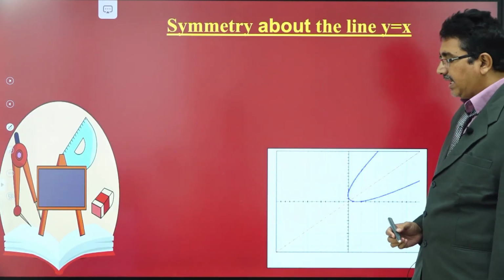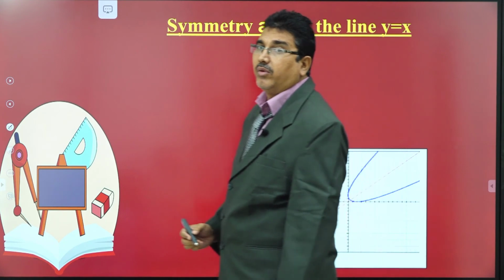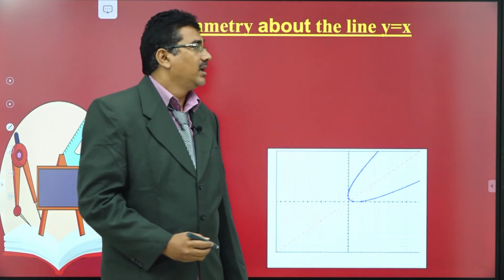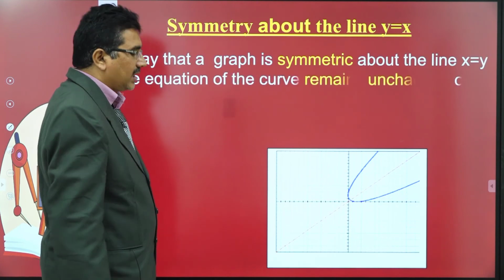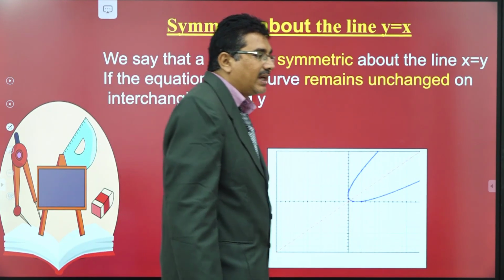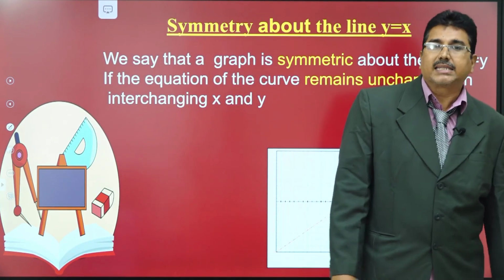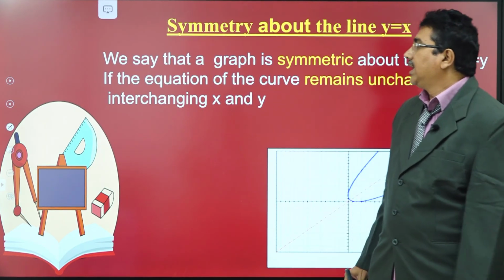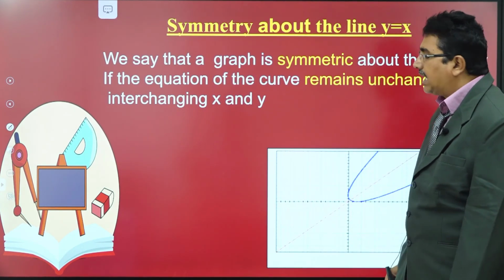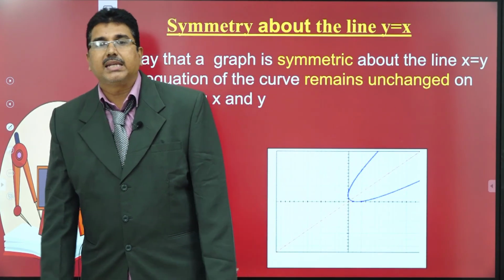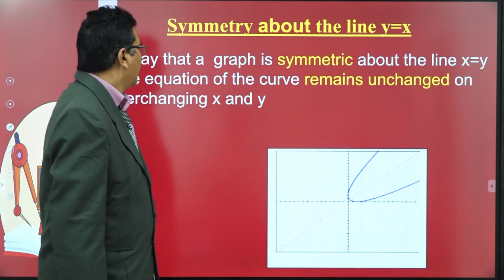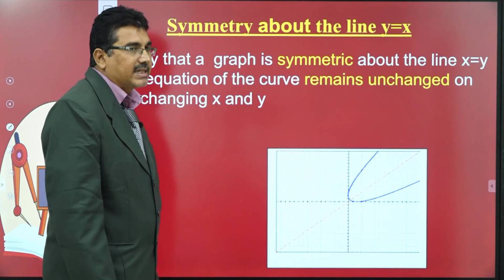Now, symmetry about the line y equals x. We say that the graph is symmetric about the line y equals x if the equation of the curve remains unchanged on interchanging x and y.